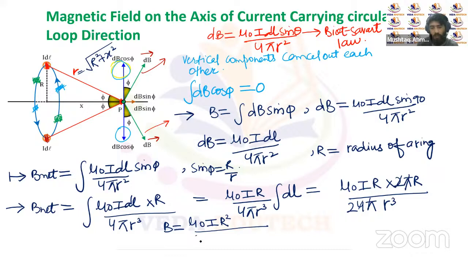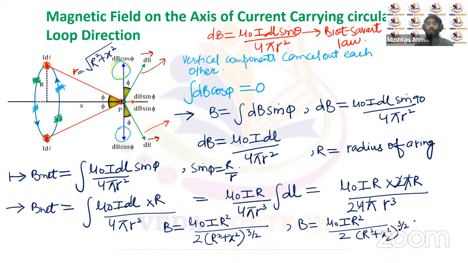So you can write 2 times R square plus x square raised to power 3 by 2. So B net is mu naught I R square upon 2 times R square plus x square raised to power 3 by 2. This is the net magnetic field on the axis of this ring having a current I flowing through it, where I is the current flowing through this ring.